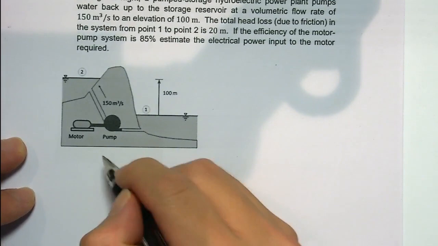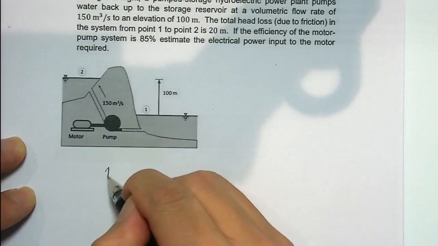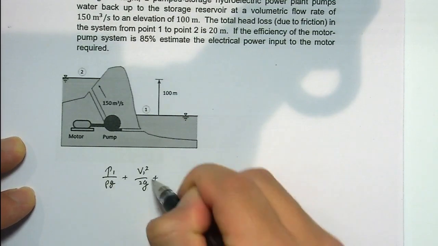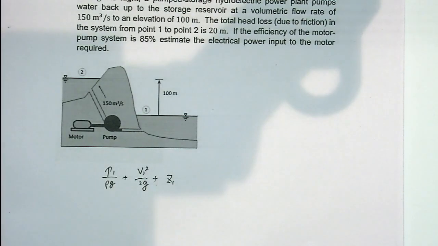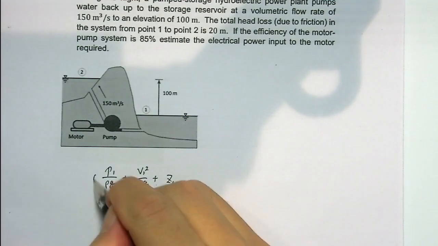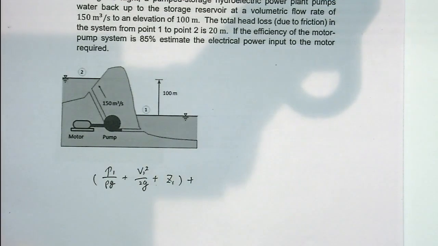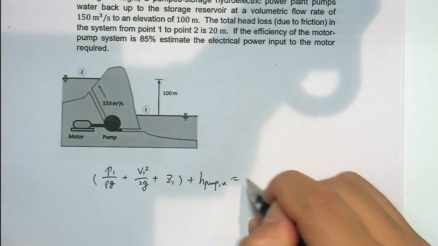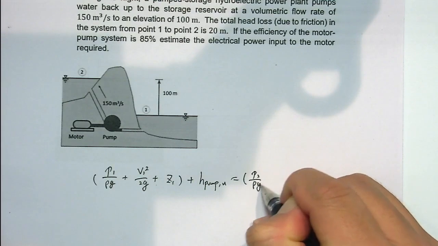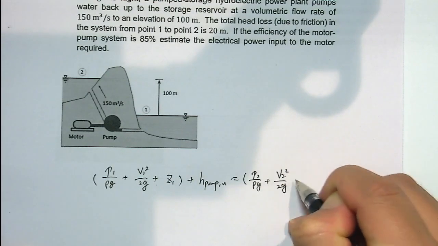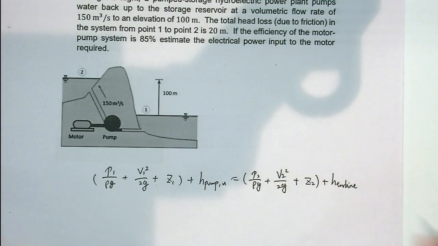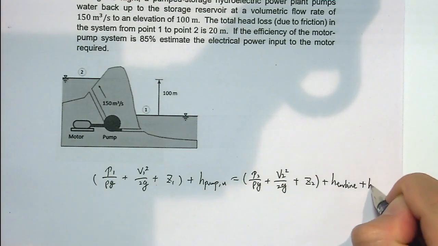For 1, P1 over rho g plus V1 squared over 2g plus Z1, which is the energy at position 1, plus the pump head, which is equal to P2 over rho g plus V2 squared over 2g plus Z2, plus H turbine, the turbine work, plus the head loss.